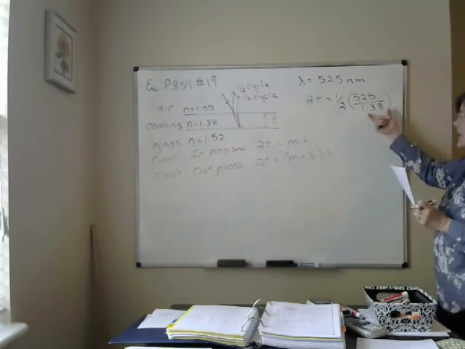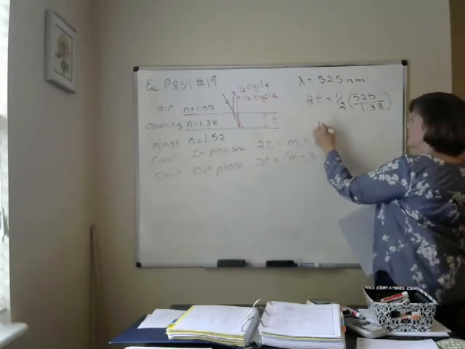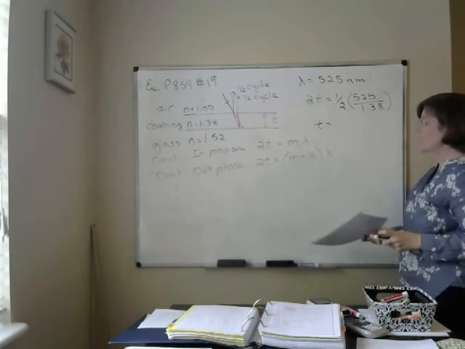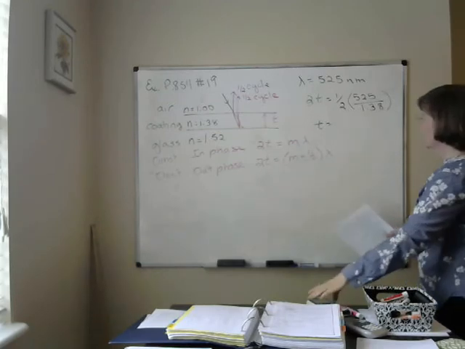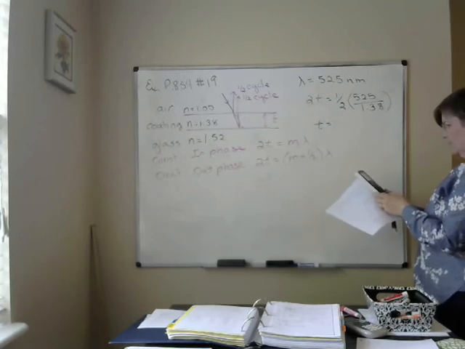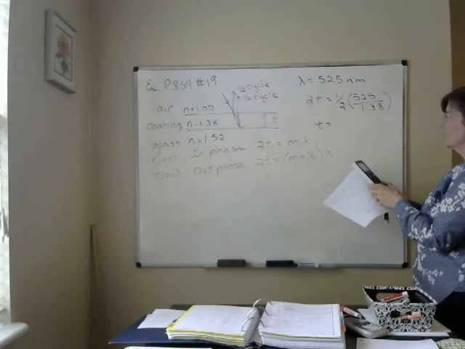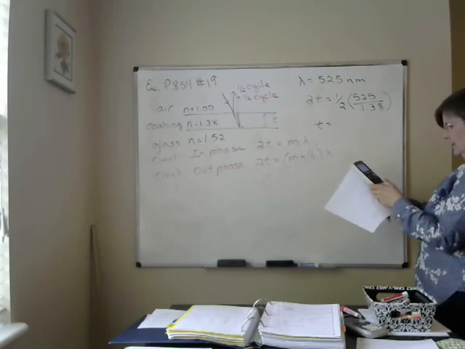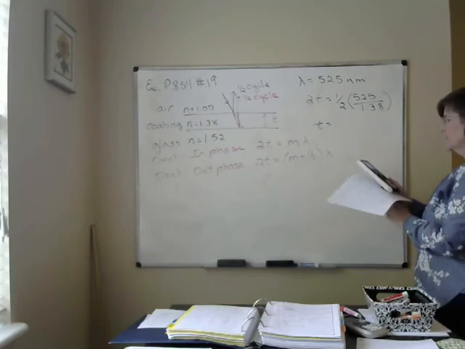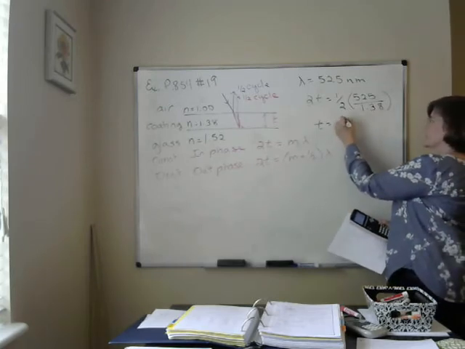The wavelength in the coating is going to be smaller. So in this case, t is 1/4 of whatever that wavelength is once you divide. So let's see, 525 divided by 1.38, and that comes out to be 95.1.